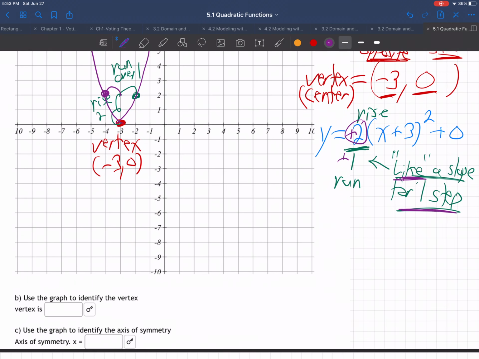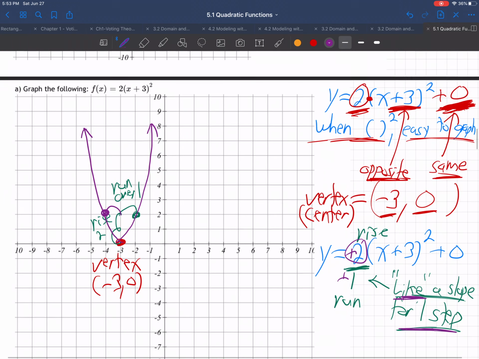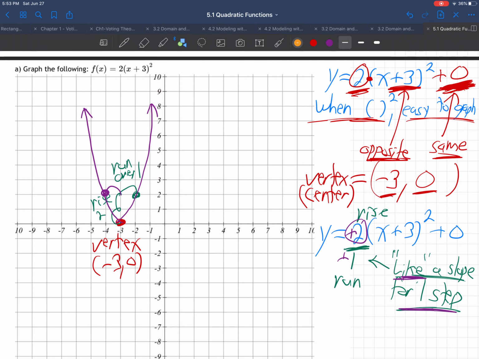Okay, we can answer the questions now. What is the vertex? Well, that is (-3, 0). And what's the axis of symmetry? That's the line that goes right through the middle, this line right there. And what's the equation of that line?